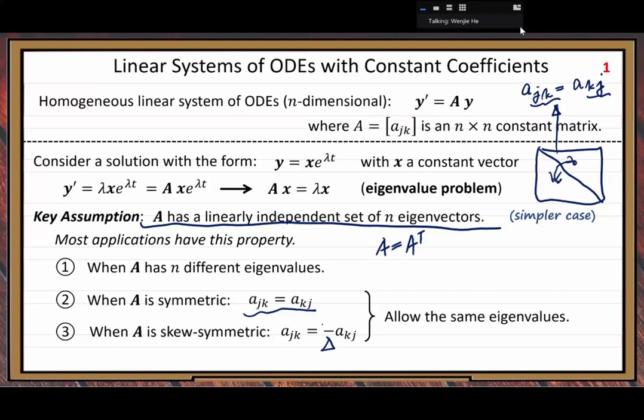But for the second and the third, symmetric and skew symmetric, if some eigenvalue has multiplicity more than 1, it is allowed. It's okay. That means even if certain eigenvalues have multiplicity more than 1, we can still find linearly independent eigenvectors.